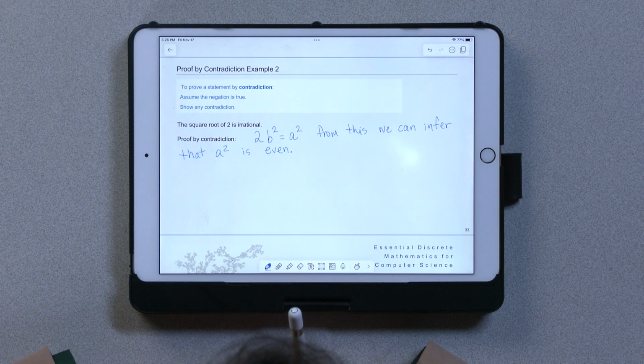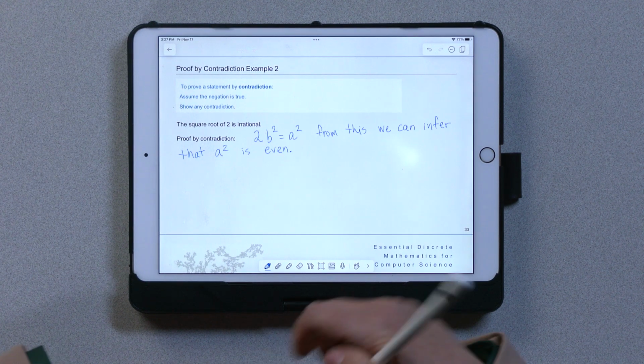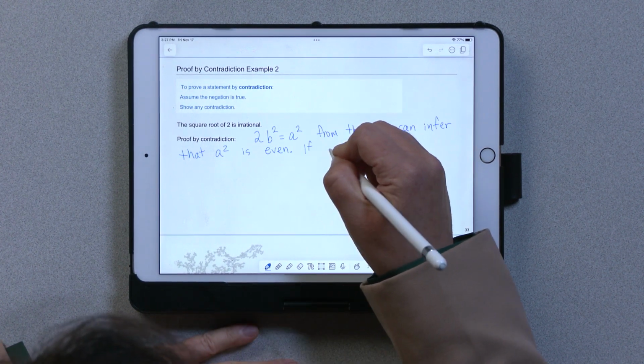And we just proved over the past few videos the statement n squared is odd if and only if n is odd. So if a squared is even, we can make another inference.